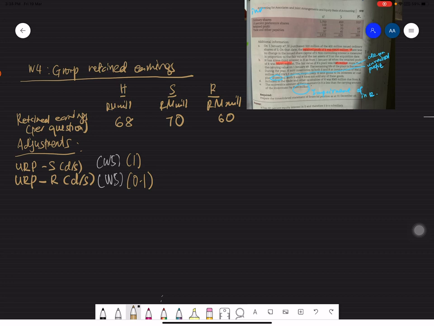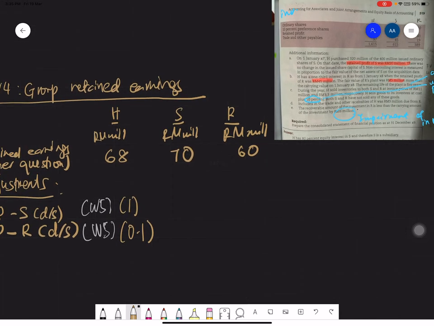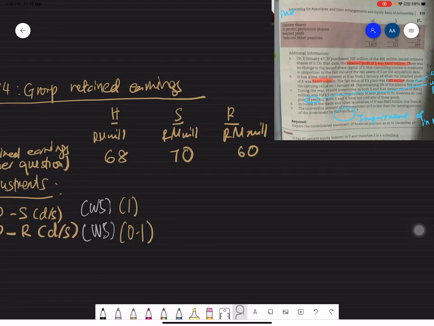That is the first adjustment. Then we also have an adjustment in relation to the fair value of net assets when it was first acquired, 5 million. Now it has been depreciated for 2 years already.